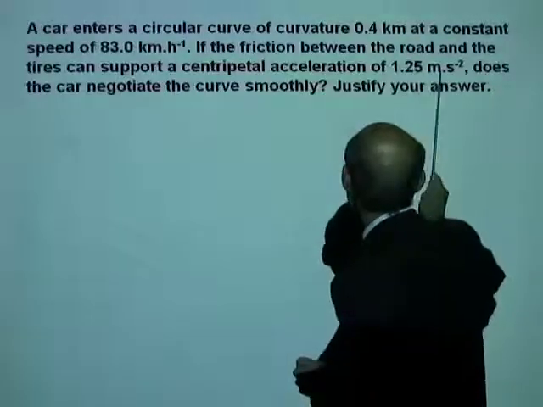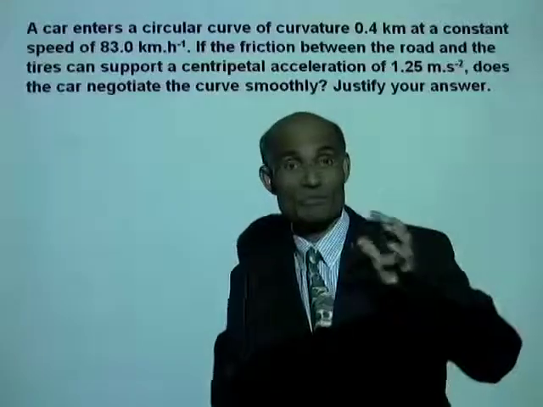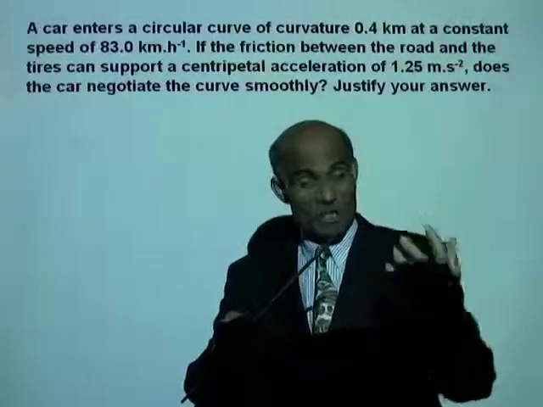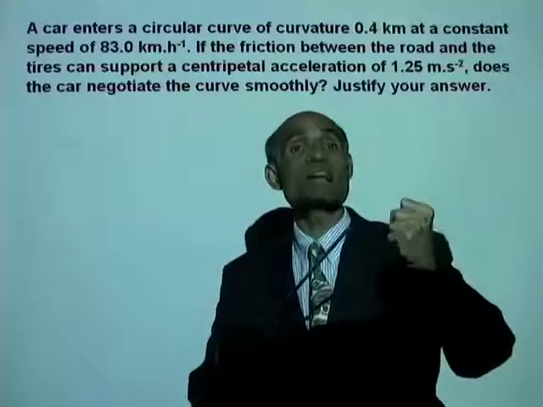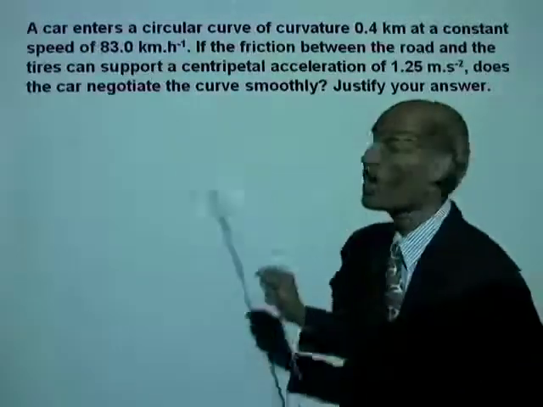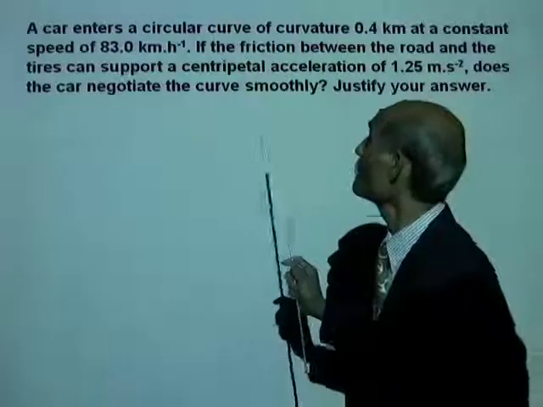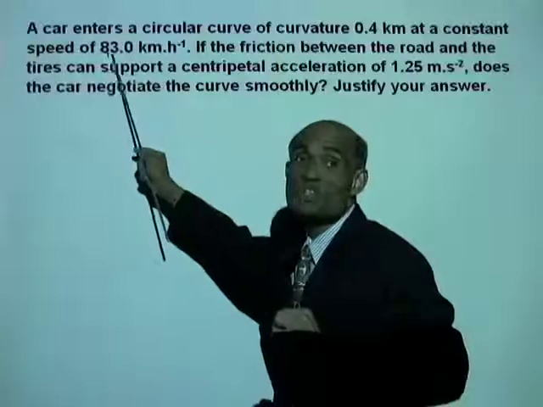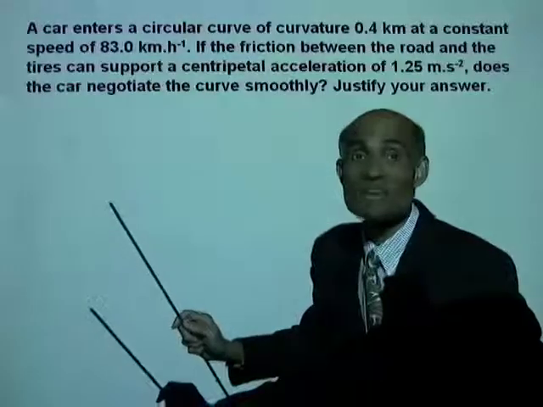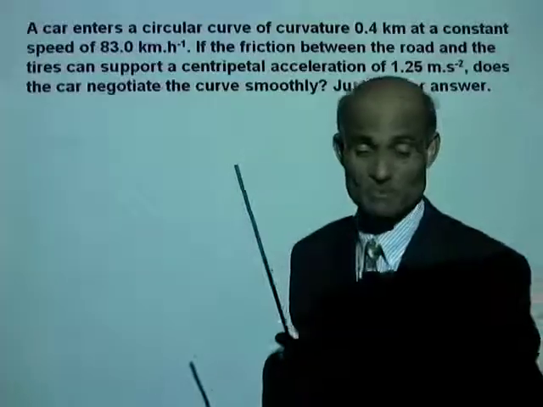Well, this is the maximum centripetal acceleration that the friction between the road and the tires can provide. You see, the frictional force cannot exceed this value, and therefore we need to find out if this speed is a safe speed for that centripetal acceleration.